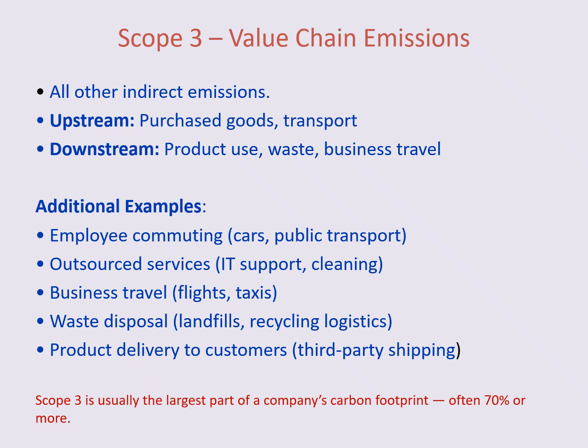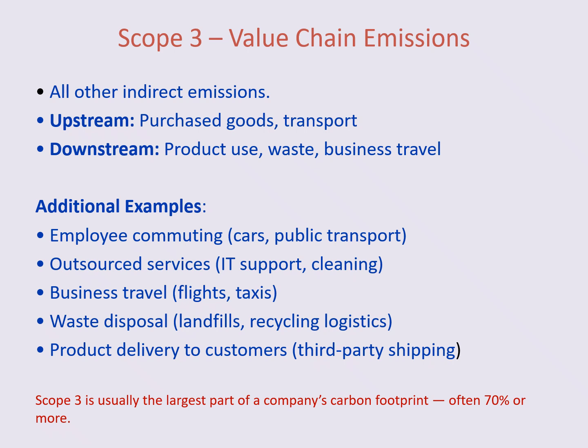Additional examples: employee commuting, car, public transport are scope 3. Outsourced services, IT support, cleaning, scope 3. Business travel, flight, taxi, scope 3. Waste disposal, landfill, recycling, logistics, scope 3.